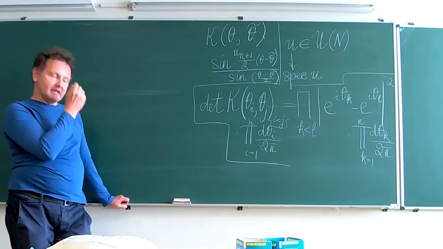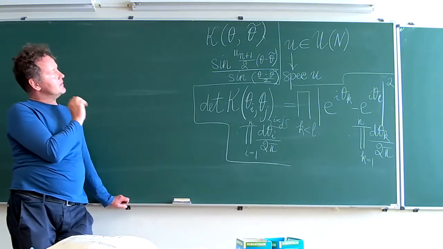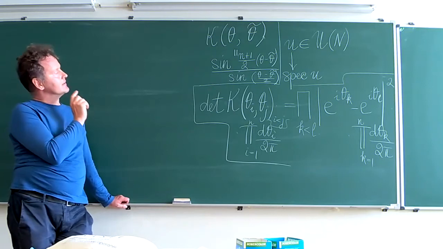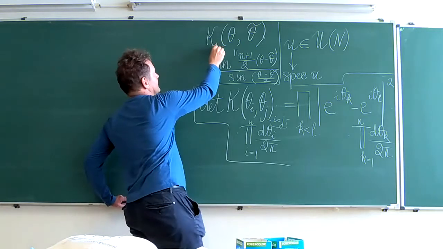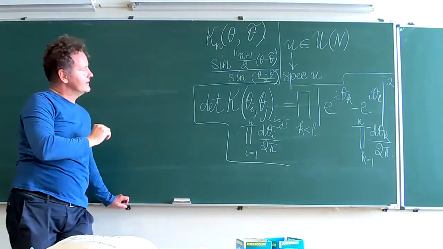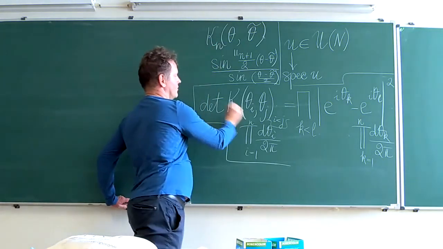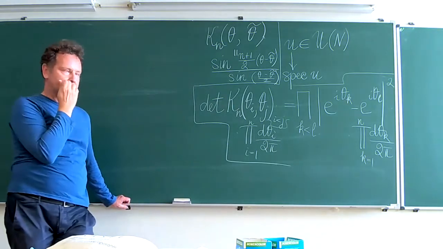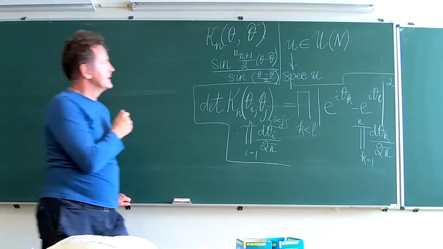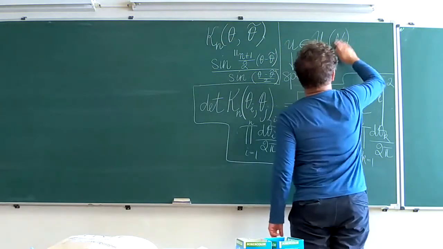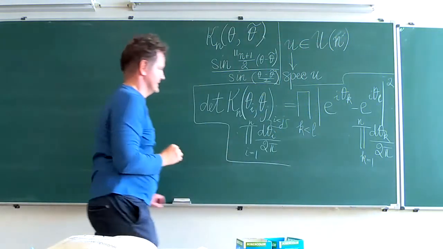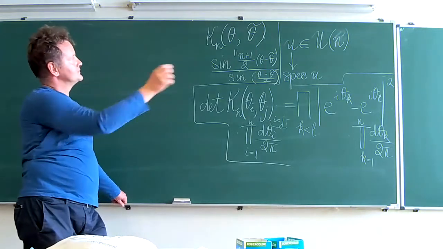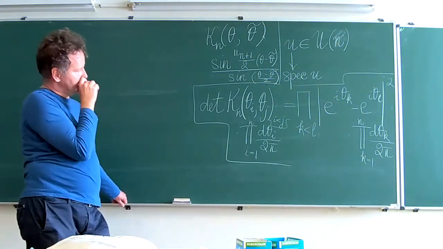So the interesting fact about this formula, which is quite important for us, is that the kernel K_N is the kernel of M, the same as their capital N.